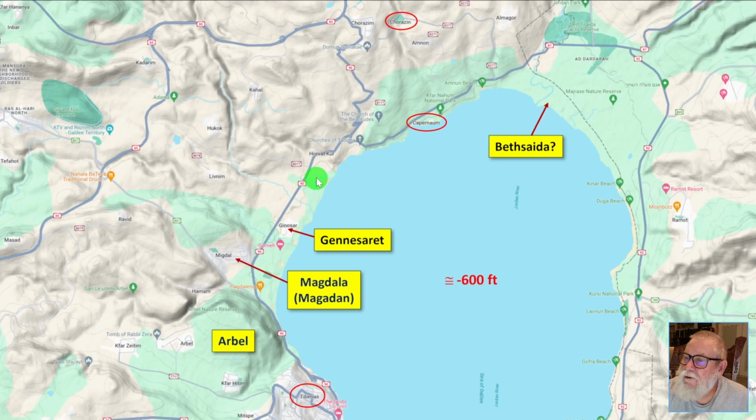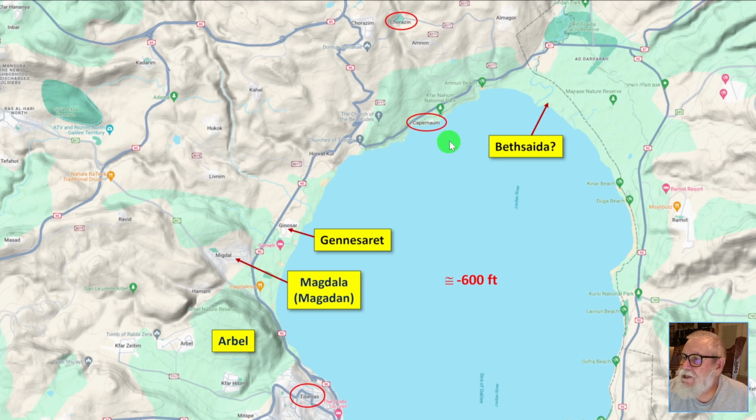A little bit further along the coast to the north is Capernaum. That's the city where Jesus did most of his work. It was his headquarters for the Galilean part of his ministry. That's where Peter was from, and the sons of thunder, sons of Zebedee, James and John, were from there.